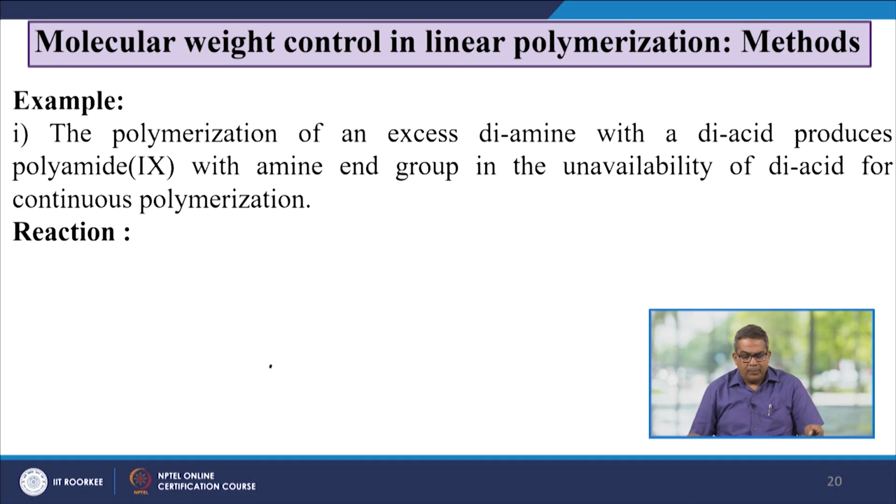Let us take an example. The polymerization of an excess of diamine with a diacid produces polyamide with an amine end group, due to the unavailability of diacid for continued polymerization.